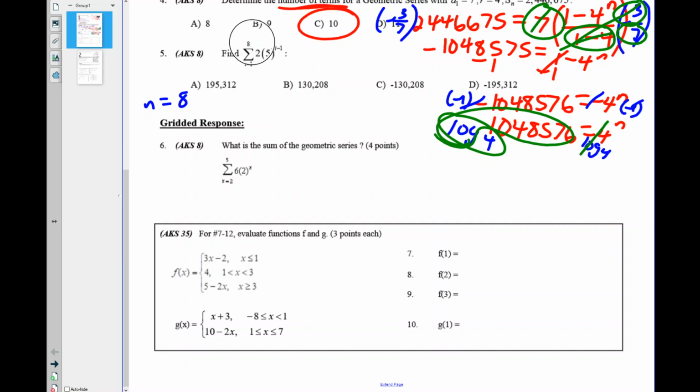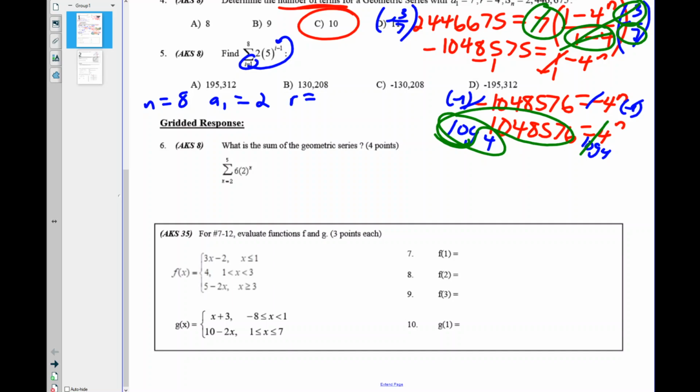The other reason where the lower limit is significant is that's how you get your first amount. Here, when I plug in a 1 for the variable that's up there, what's 1 minus 1? 0. What's 5 to the 0? 1. And what's 2 times 1? 2. So your first amount here should have been 2. And the only other thing I'm missing is the common ratio.